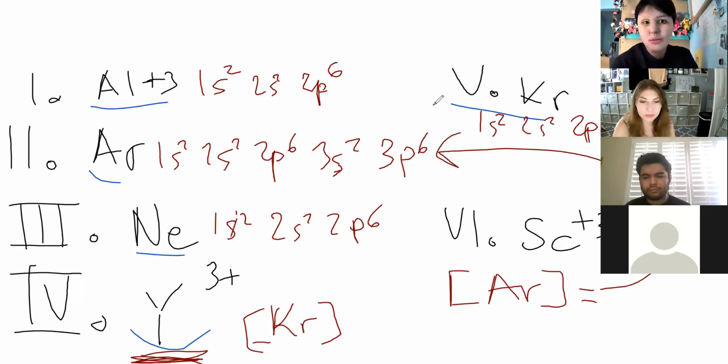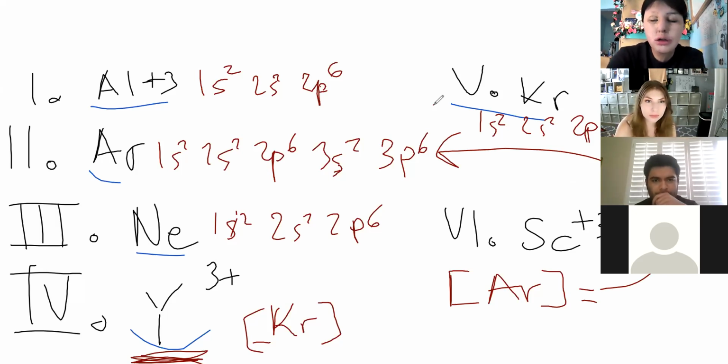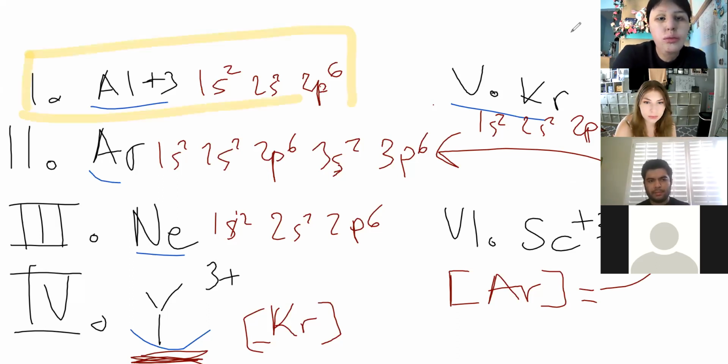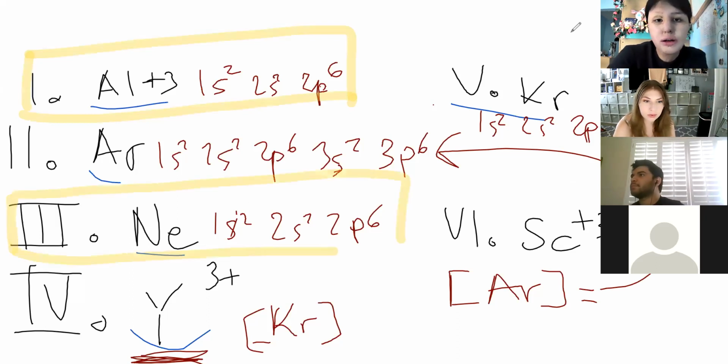Okay. So then I guess it's easier now to find out which ones are going to have the same configuration, right? Which ones are isoelectronic with aluminum +3? Neon. Are there any other ones that are isoelectronic with aluminum +3 and neon?